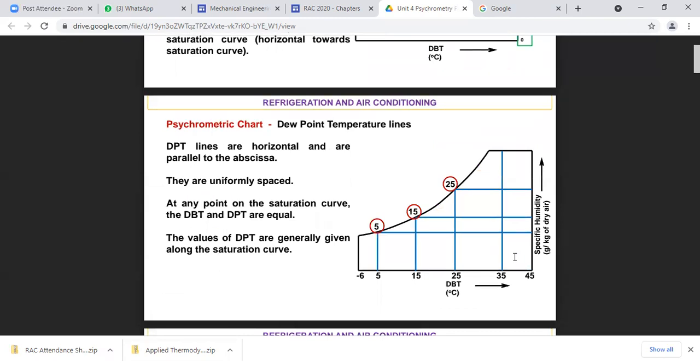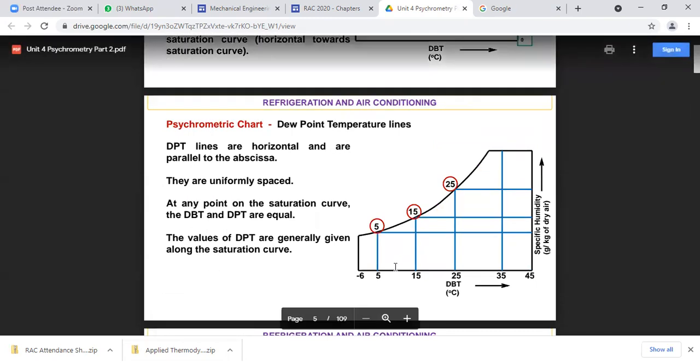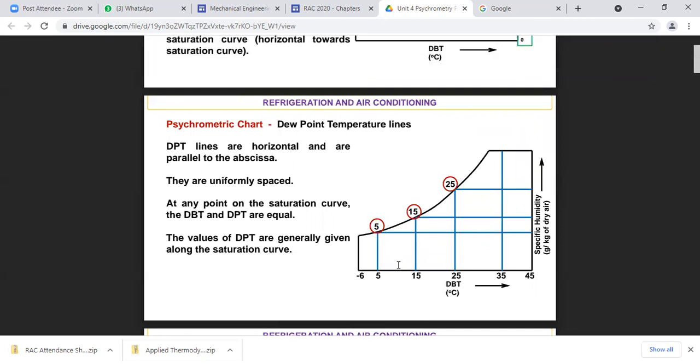Next is the dew point temperature. The dew point temperature lines are horizontal, parallel to the abscissa, and uniformly spaced.